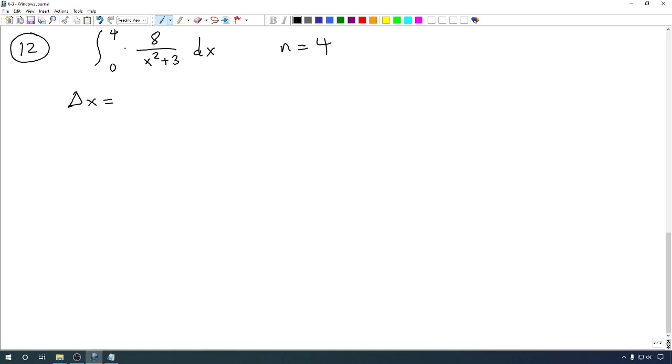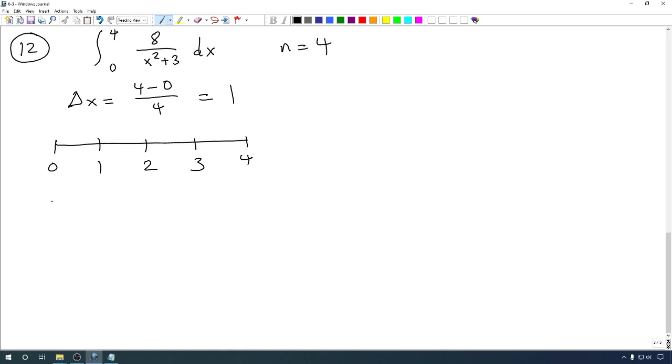Delta x here is b minus a divided by n, or just 1. Let's go ahead and actually put out a number line here. We're going from 0 to 4, and we break those at 1, 2, and 3. Those are our endpoints. Easy enough.